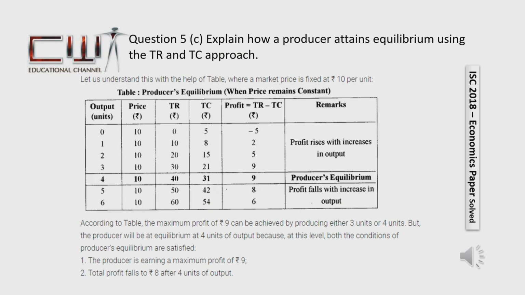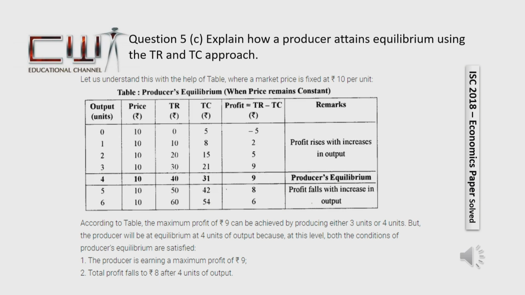So this is the level of producer's equilibrium. If we increase the output to 5 or 6 units, profit falls with the increase in the output. Thus, any rational producer will produce only at 4 units of output, and that is known as the producer's equilibrium.